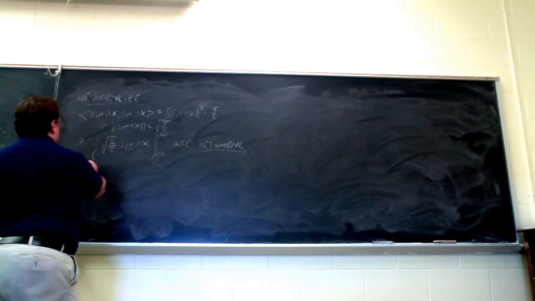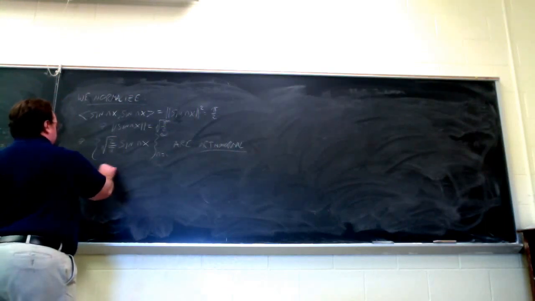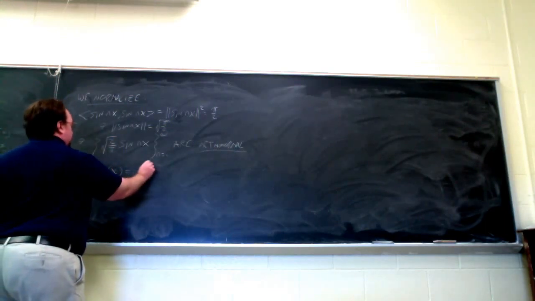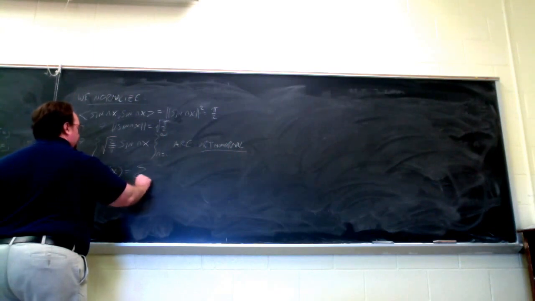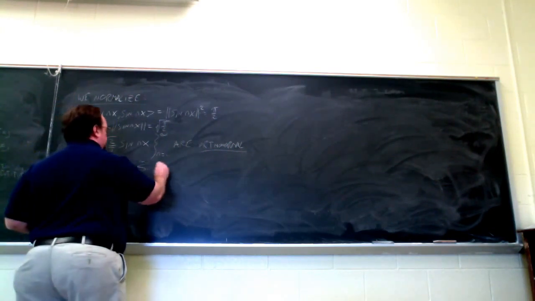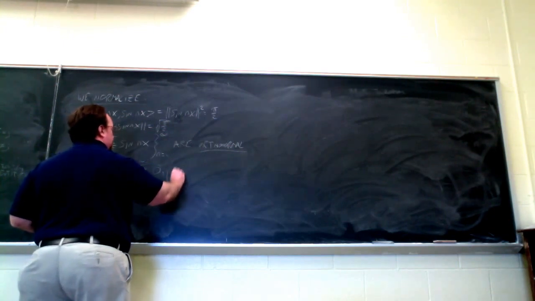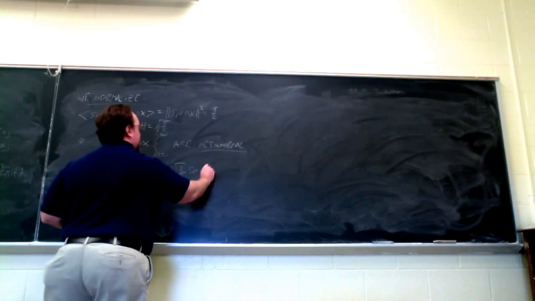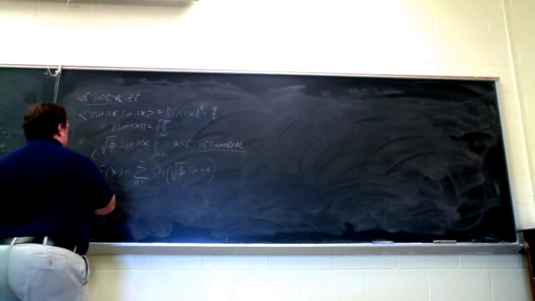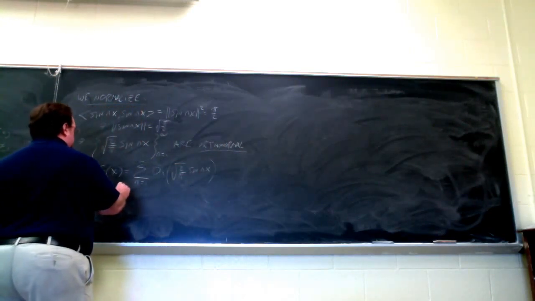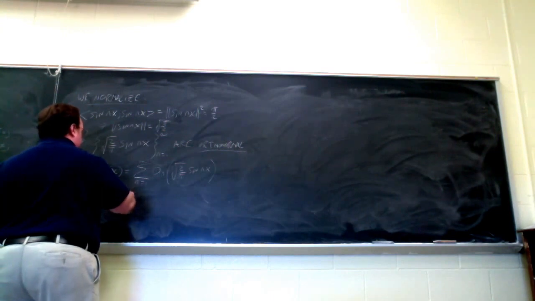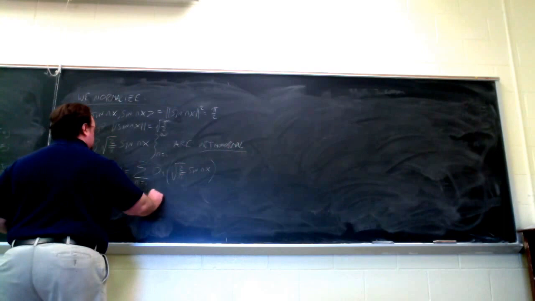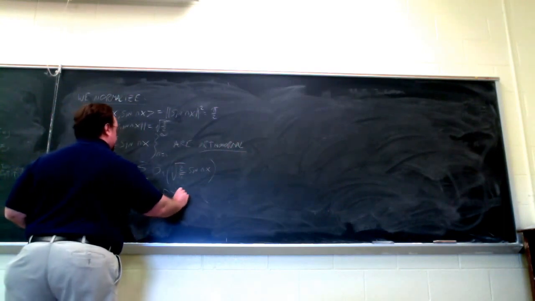So we can express a function f of x as an expansion of these functions, with square root of 2 over pi sine nx, and each coefficient is the inner product of one of these basis functions with f of x.